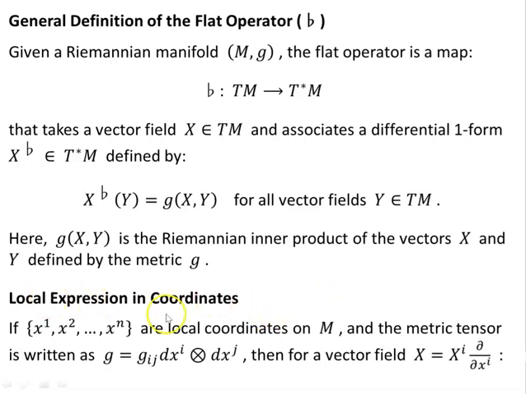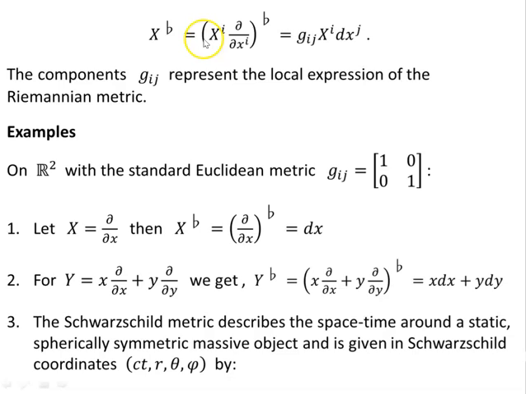To be a little bit more specific, let's have a look at it in local coordinates. So if x1, x2, up to xn are local coordinates on M, some coordinate chart on M, and the metric tensor is written as G equals Gij dxi tensor product with dxj, then for a vector field X equals Xi partial xi, summing i up to n, X flat will just be the flat of all that, which will be Gij Xi dxj, where now these metric components are not all one, and will depend on the space you're in.